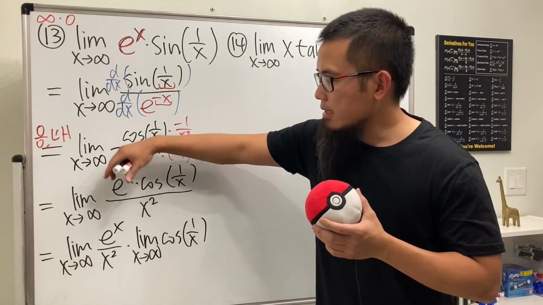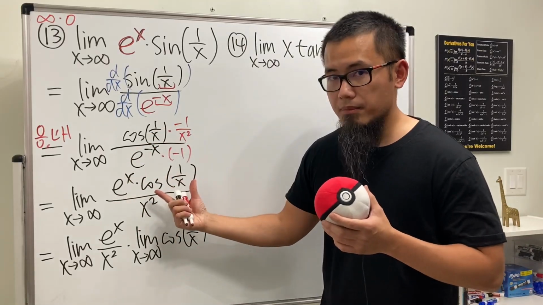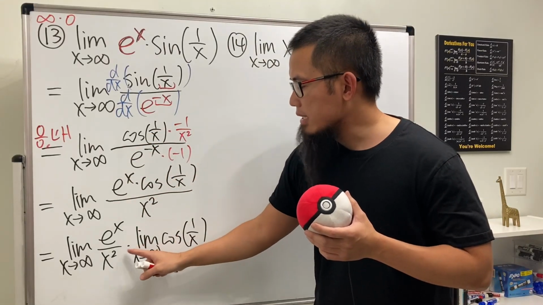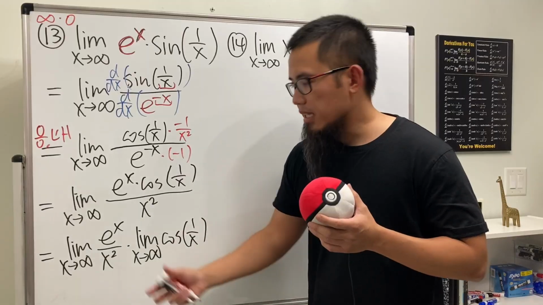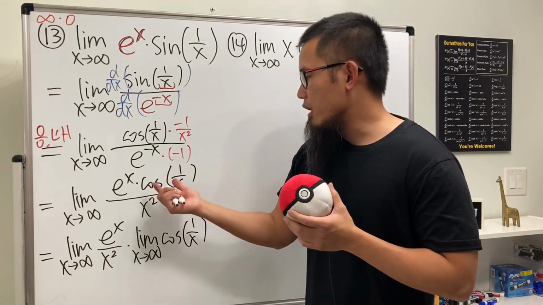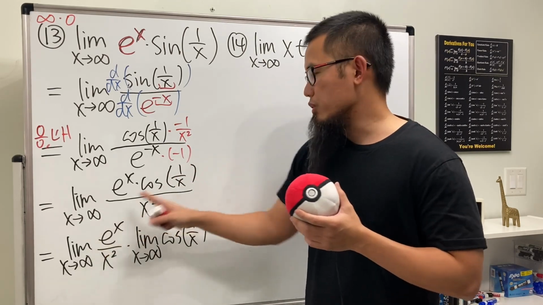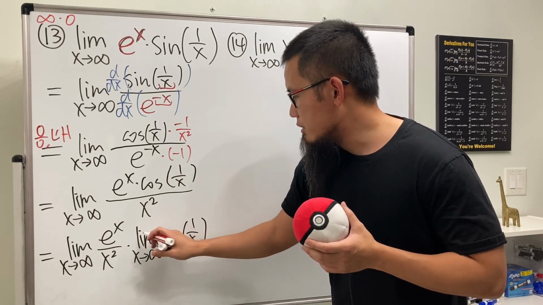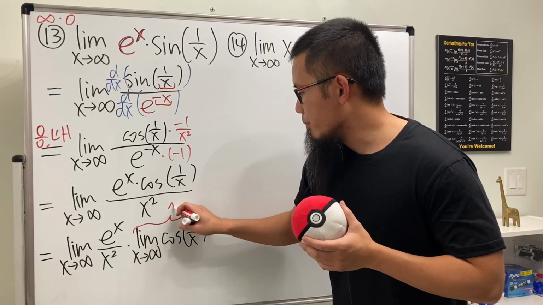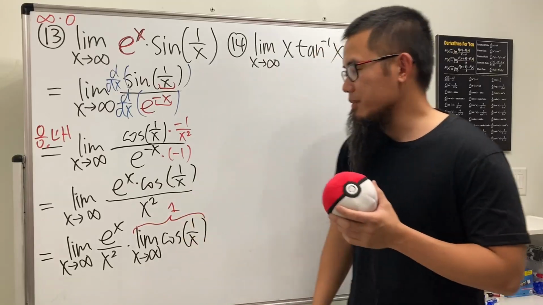So the idea is that the limit of a product, I look at this times that, is the same as the product of the limits, provided that the limits exist. And this is really useful whenever you see something like cosine of 1 over x. You know when x is approaching infinity, this guy is just equal to 1. So please do not differentiate this right here, because that would be really crazy.